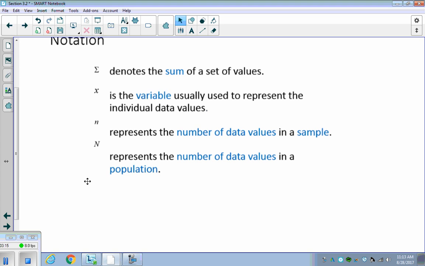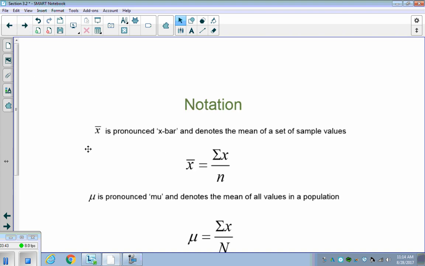In that case, you would be a population. However, if I was doing a study of all the students taking statistics here at the college this semester, you guys would be what? A sample. Okay? Difference between upper and lowercase n.